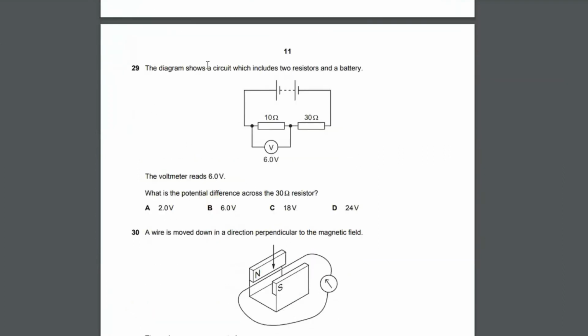Next one: the diagram shows a circuit which includes two resistors and a battery. These are the two resistors and this is the battery. The voltmeter shows 6 volts. What is the potential difference across the 30 ohms? Firstly, we will find the current in this circuit. Current is given by I is equal to V divided by R. Through this resistor, we can find how much current is going.